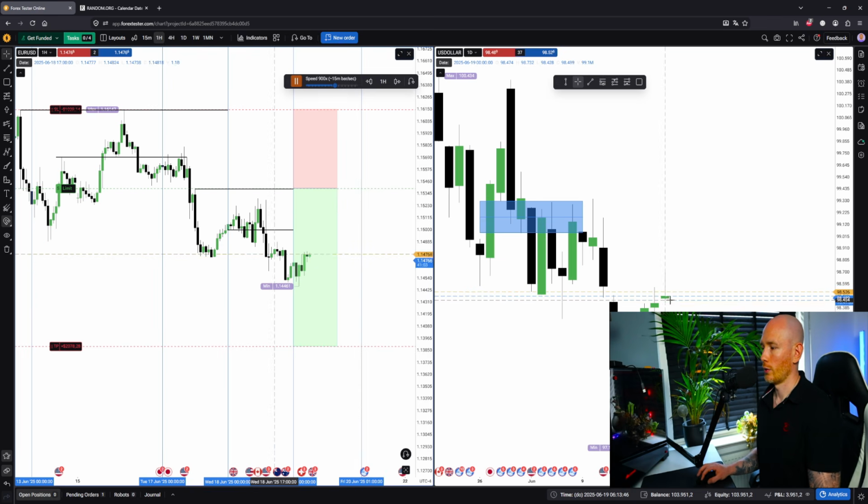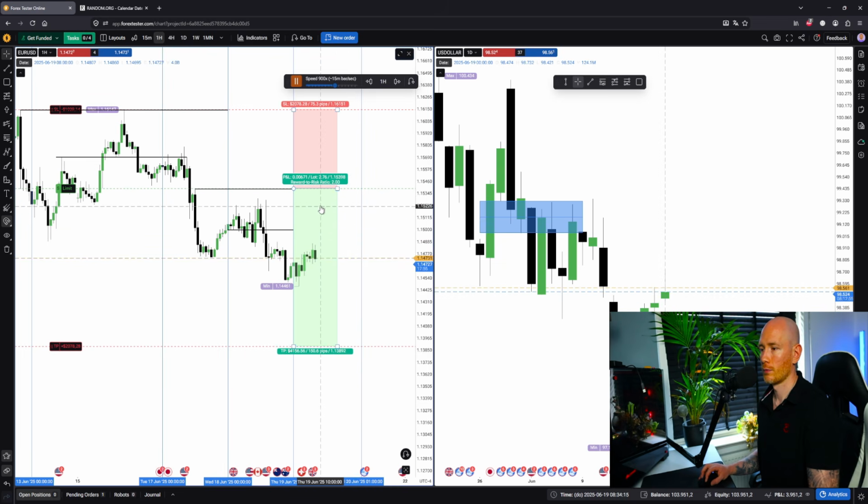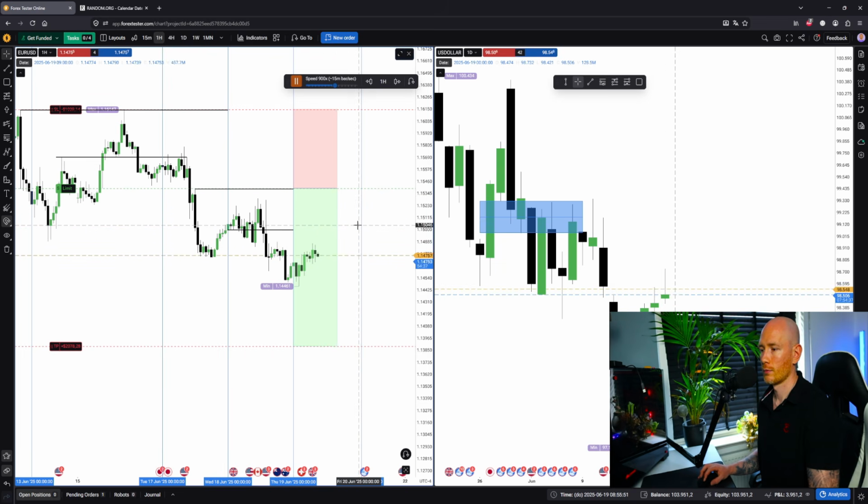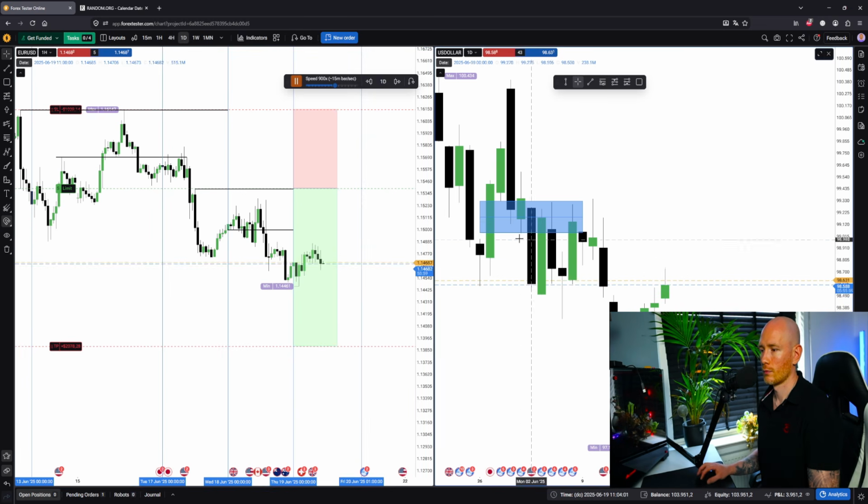Slowly waiting. Daily is not doing really that much right now. Okay, can still run higher. Let's go to the 1 hour on DXY.